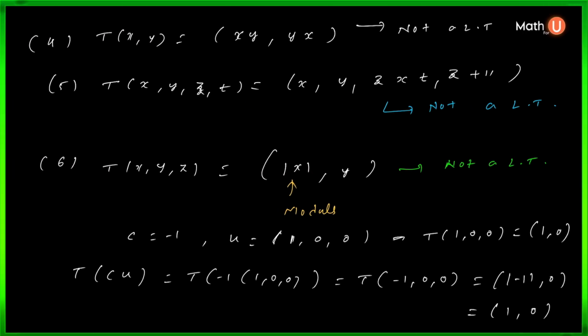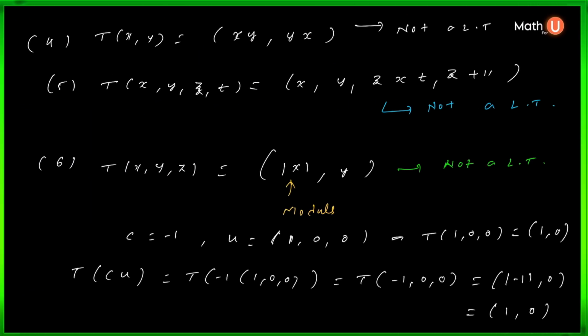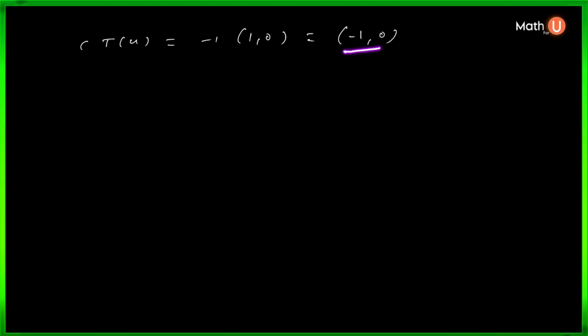If you compare, these both are not the same. Here (1, 0), here (-1, 0). That means the scalar multiplication property is not satisfied here. T of c into u is not equal to c of T of u. This property is not satisfied. It is not a linear transformation.